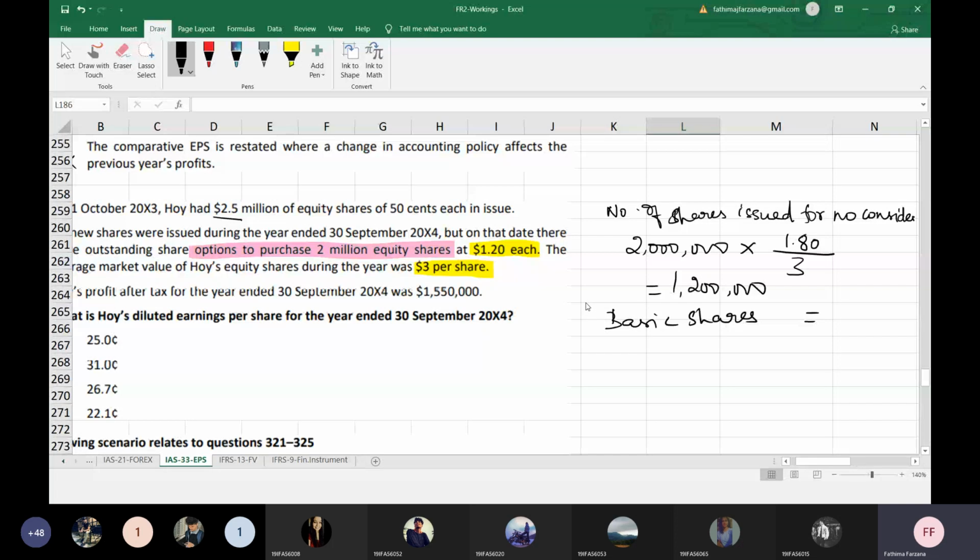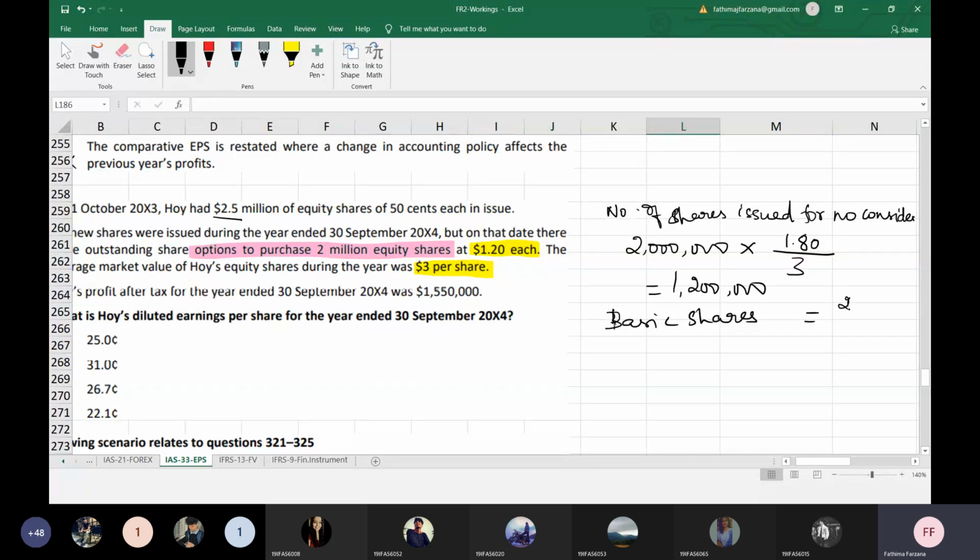How many chocolates do I have in the box? 500 rupees worth of chocolate in my hand, and one chocolate is 5 rupees, so divided by 5. How much? 100, right? Okay, now the same concept here.